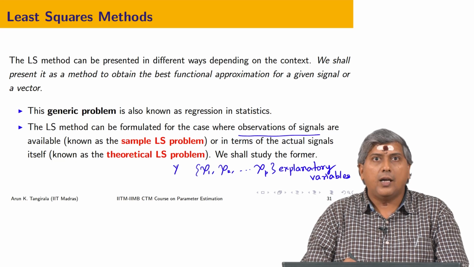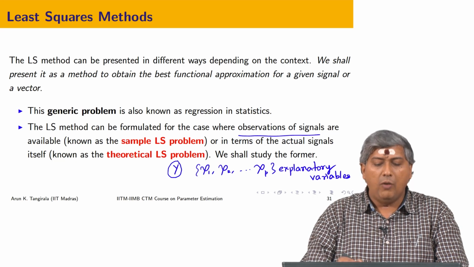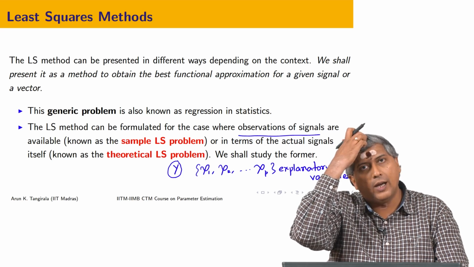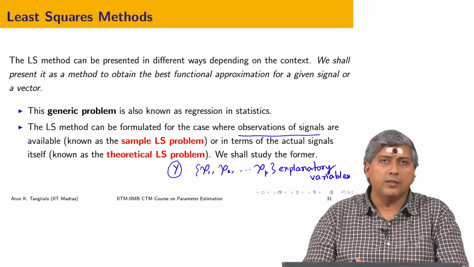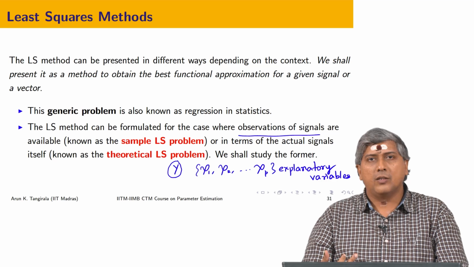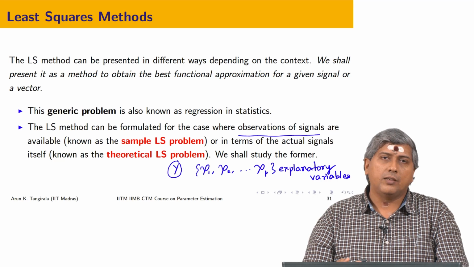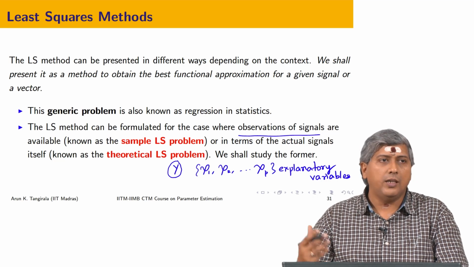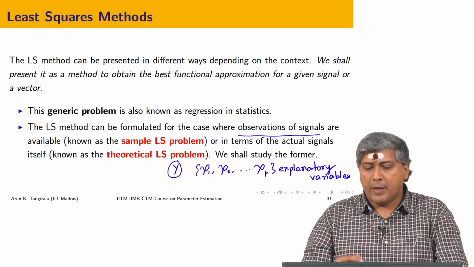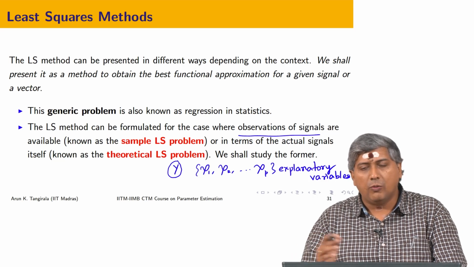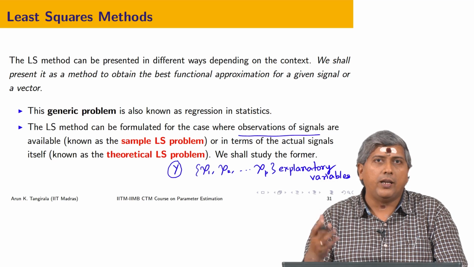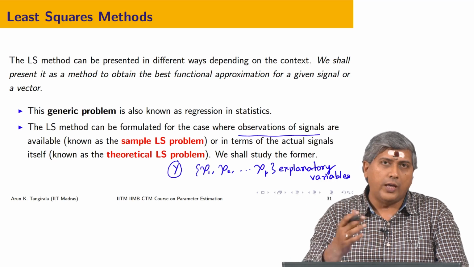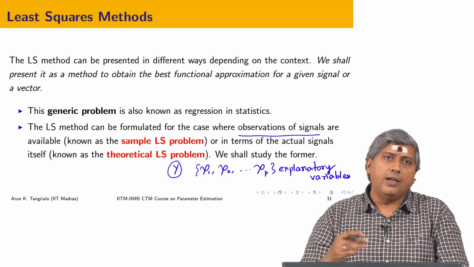So, I assume that this variable y, for example, if you are looking at thermodynamics, and if you are thinking of the temperature of a gas, you can assume that the temperature of a gas can be explained by the pressure and the volume, and psi 1 becomes the pressure, psi 2 becomes the volume. Or if you are looking at, let us say, relative humidity of the air around you and the temperature.